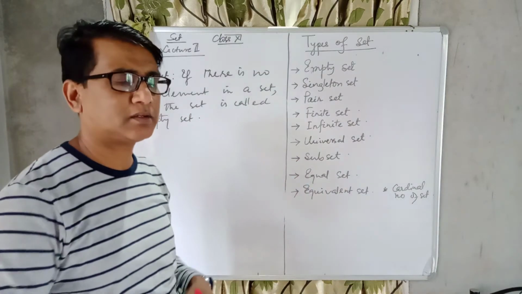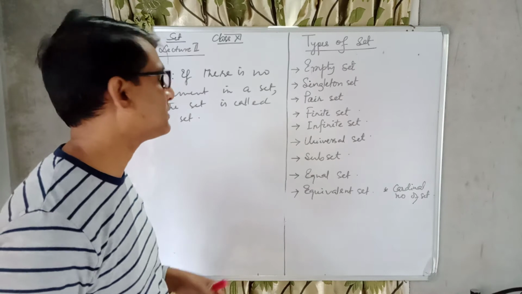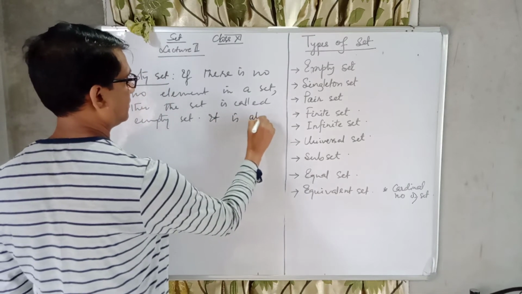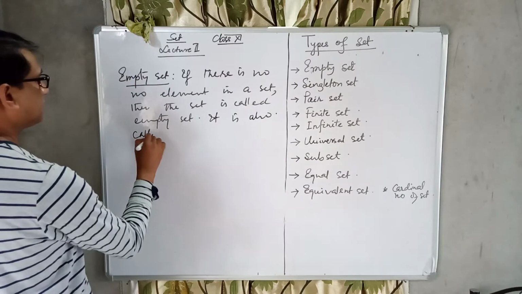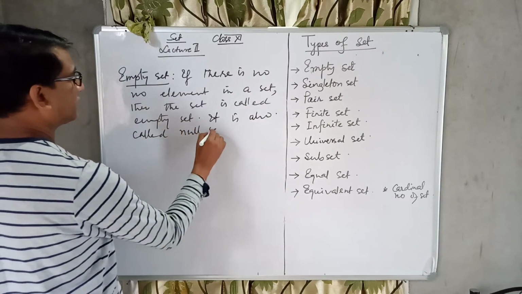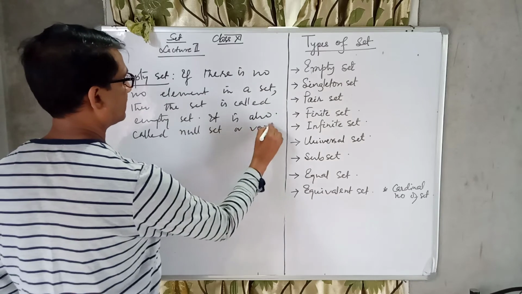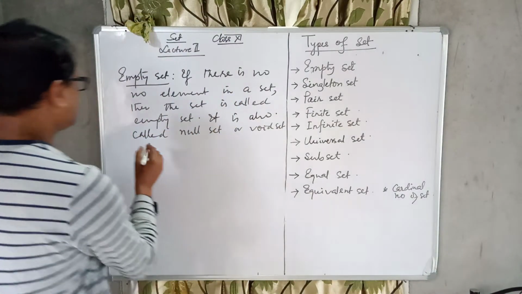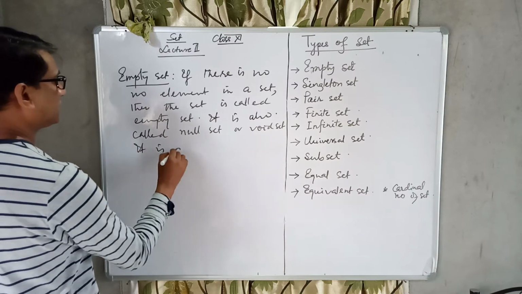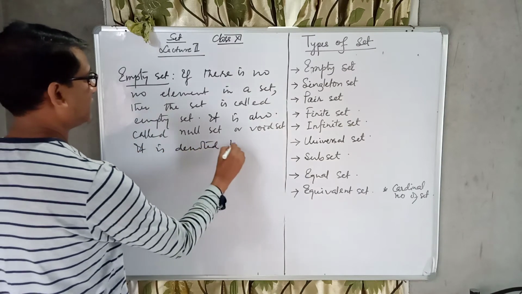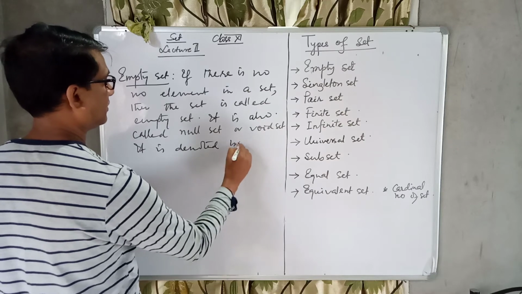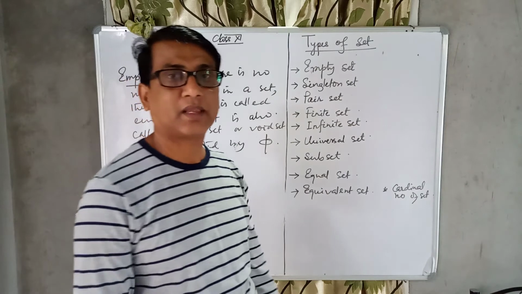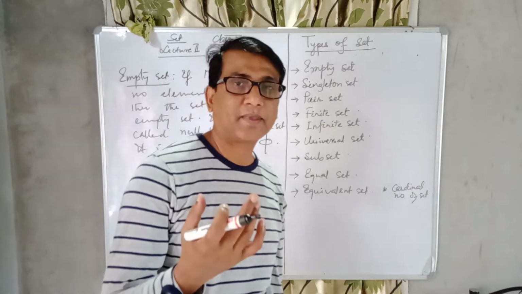No elements, no objects in the set. It is also called the null set or void set, and it is denoted by the Greek letter phi. Phi represents the empty set.